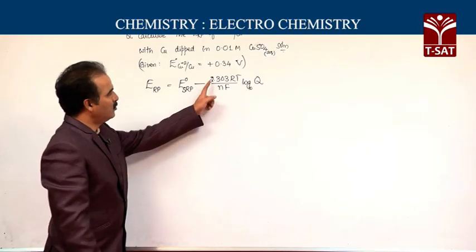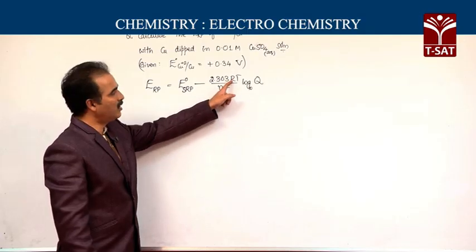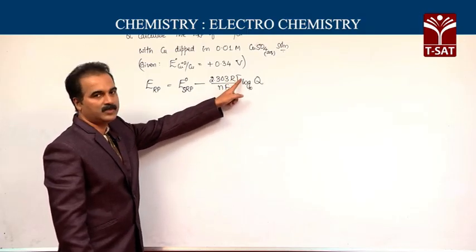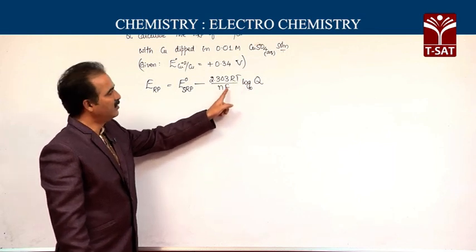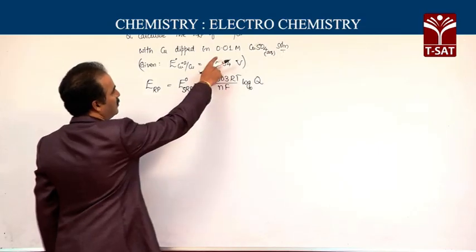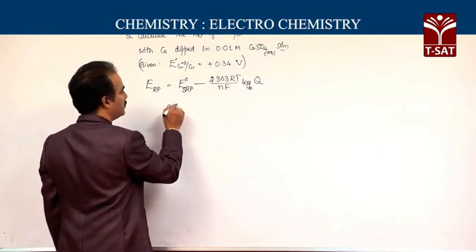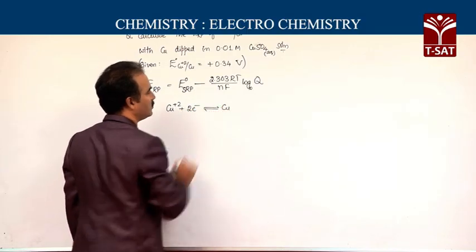So, here 2.303, R, T and F are all constants. You know R is 8.314 joules, T is absolute temperature, that is standard conditions or whatever temperature is mentioned, F is Faraday, 96,500 coulombs. According to this electrode, the reaction is Cu plus 2 electrons gives rise to Cu.